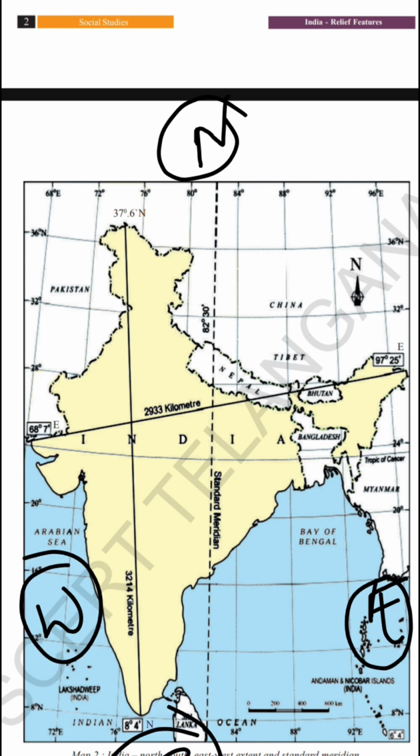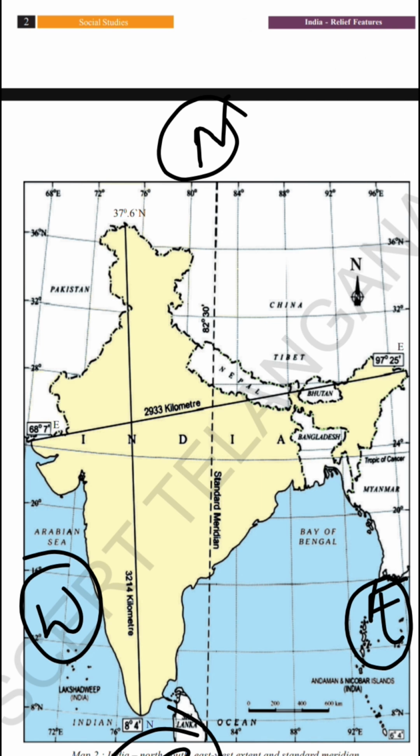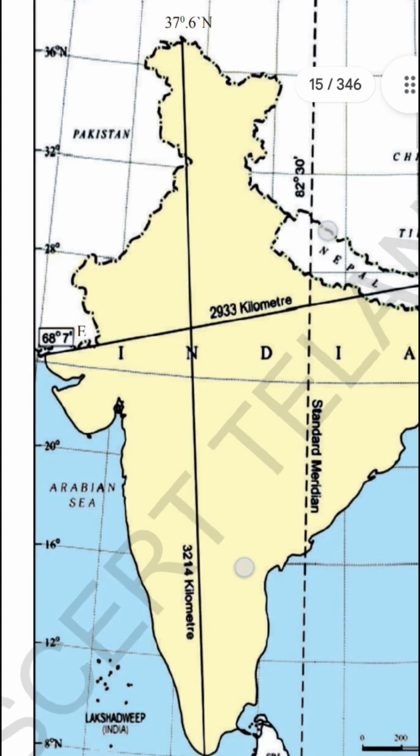In most maps it is clearly mentioned that the arrow showing upward makes us remember it is north, and wherever the arrow shows north, the opposite will be south. This is clear to everyone, right? Now if you want to find the coordinates of India, we have to look at the coordinates coming from the west side.